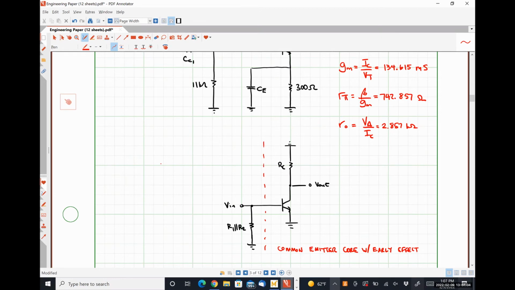So our only real question here is what effect does this parallel resistance of R1 and R2 placed between the input node and ground have on how we know this circuit is supposed to behave? Let's talk about our input resistance. I'm going to ask you guys for input resistance, output resistance, and voltage gain. Okay.